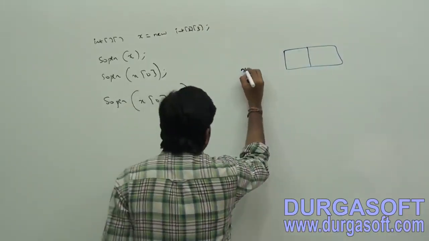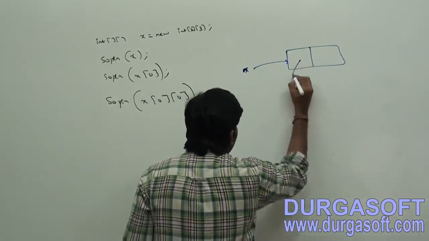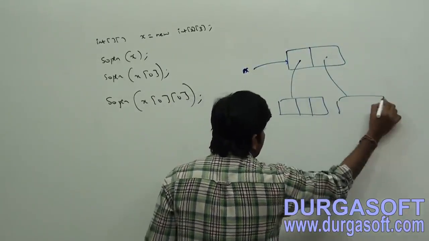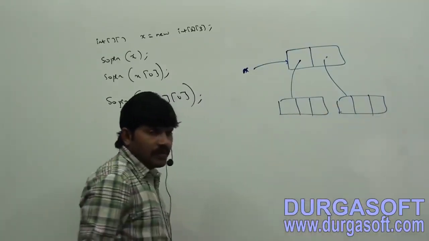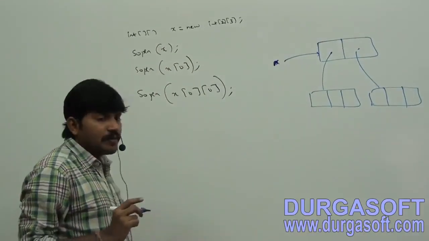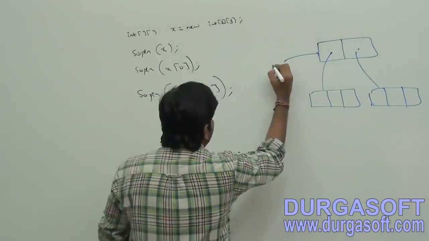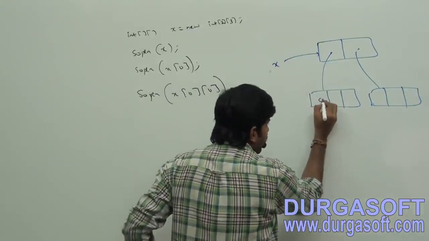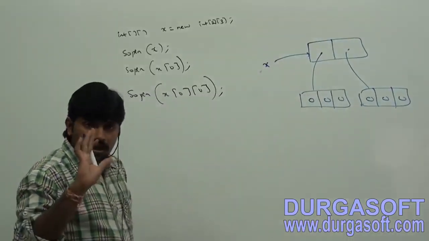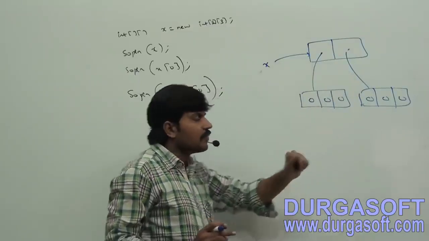In x of 0, how much size? 3. Once we create an array, every array element is by default initialized with the default values, 0 0 0 0 0 0, because the elements at the end are nothing but references.